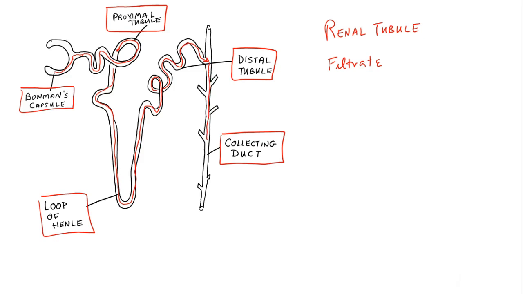And several nephrons are going to feed into the collecting duct, and the filtrate, now urine, is going to head out into the calyx and into the renal pelvis, which will then lead to the ureters.